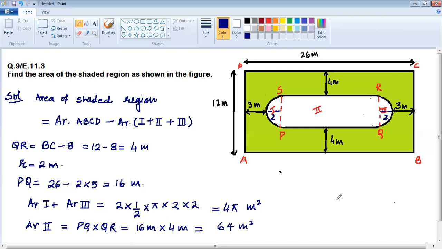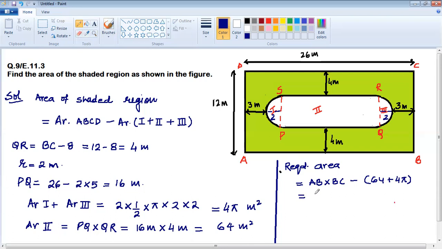And therefore the required area, that is area of shaded region, is equal to AB times BC minus 64 plus 4 pi.